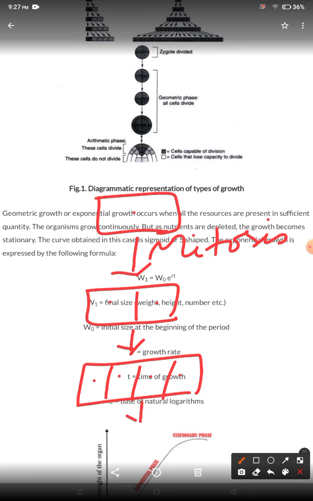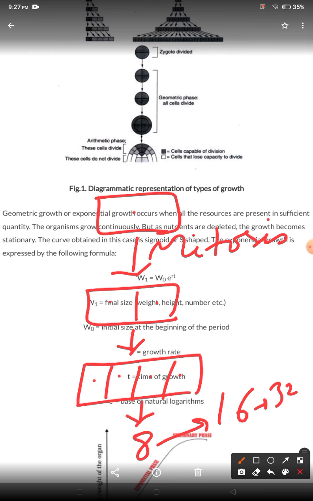If further division takes place, then we obtain 8. On further division, we obtain 16 daughter cells. Further, we obtain 32 daughter cells. So multiples of 2 take place in case of geometric growth pattern due to the presence of abundant resources.